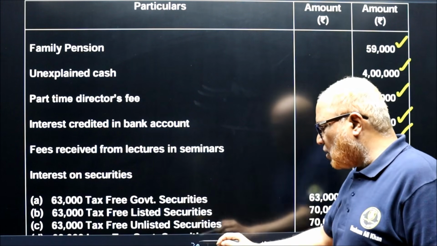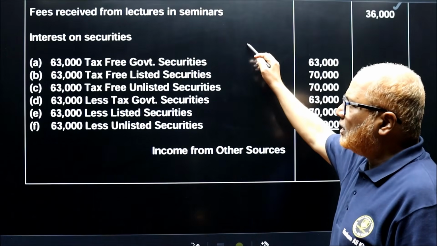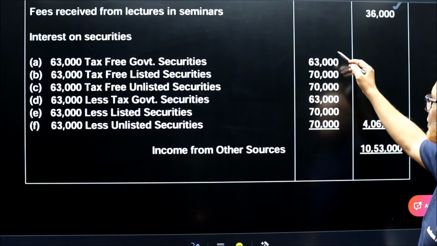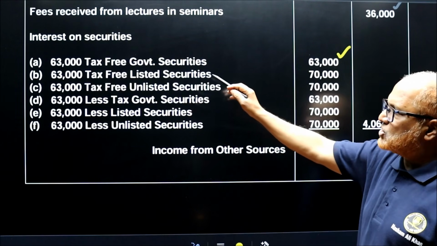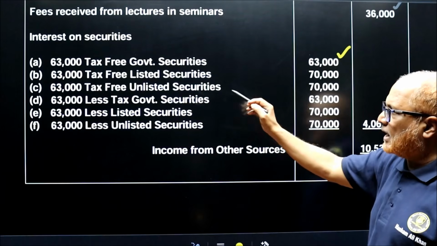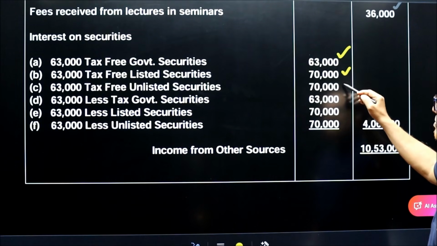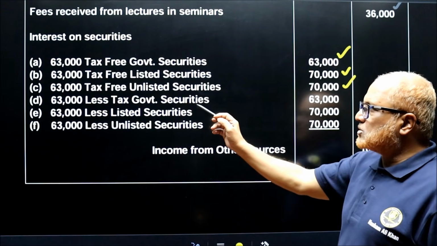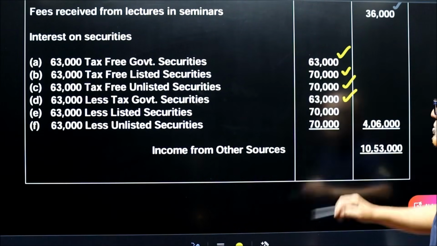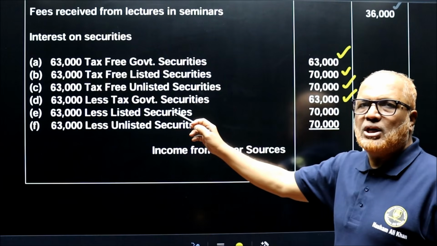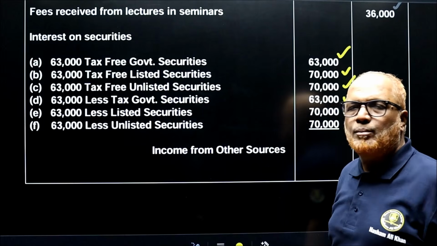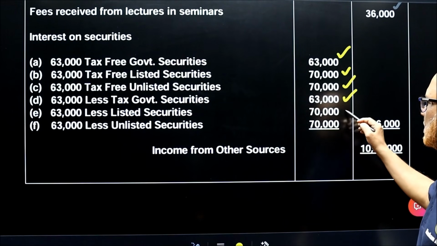Now interest on securities. For tax-free government securities, the same amount, 63,000. Whereas for tax-free commercial listed and tax-free commercial unlisted, we have made the gross amount in the working note. Similarly, less tax government securities, the same 63,000. But less tax commercial, whether listed or unlisted, 63,000 into 100 by 90 will get 70,000.